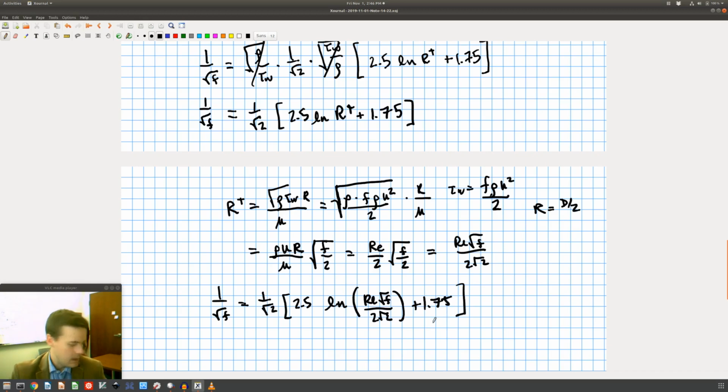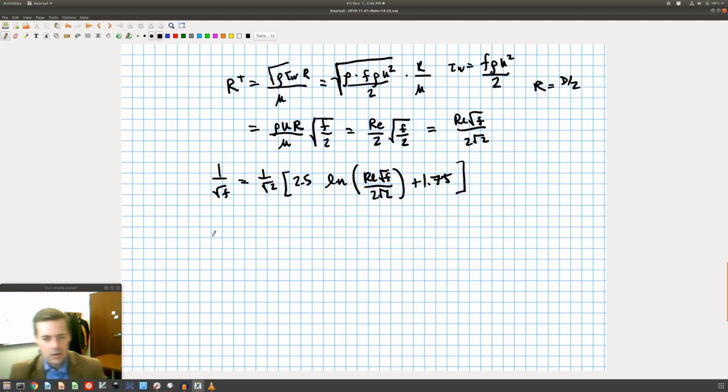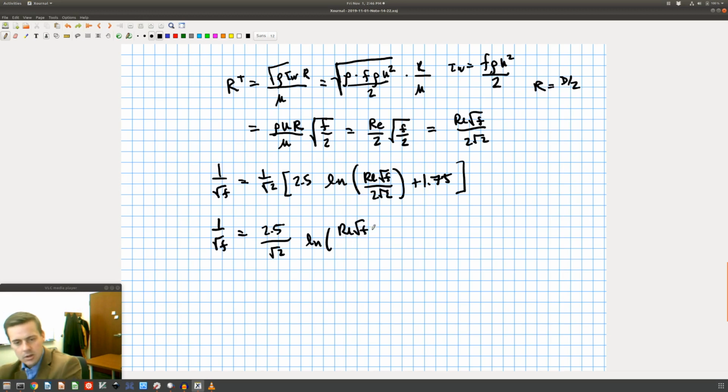Okay, now I can just rearrange a little bit and I'm pretty much done. I have 1 over the square root of f, and I'm going to aggregate some of these things. So I have 2.5 over square root of 2 log of Re square root of f, plus 1 over the square root of 2 log of 2 root 2.